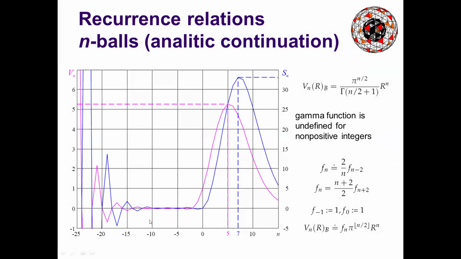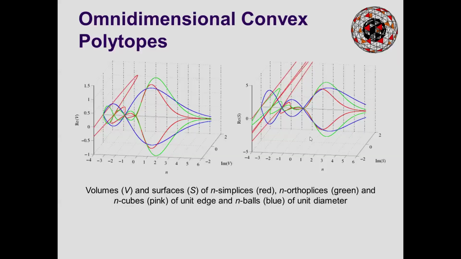But we have shown that for negative even dimensions, the volumes and surfaces are 0, but this is not the case in negative odd dimensions, where they are clearly defined. So we remove the singularity, showing that the volumes and surfaces of balls in complex dimensions are holomorphic functions, which means that they are well defined.